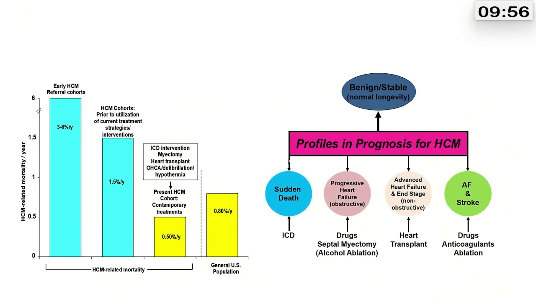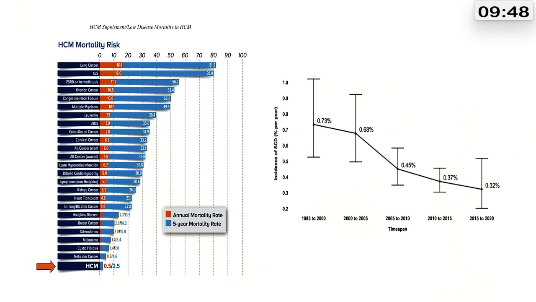This converted a highly malignant disease into a more benign and stable one with normal longevity. Also, when we compare the annual and 5-year mortality rate for HCM with all cardiovascular and non-cardiovascular diseases, it was the lowest.